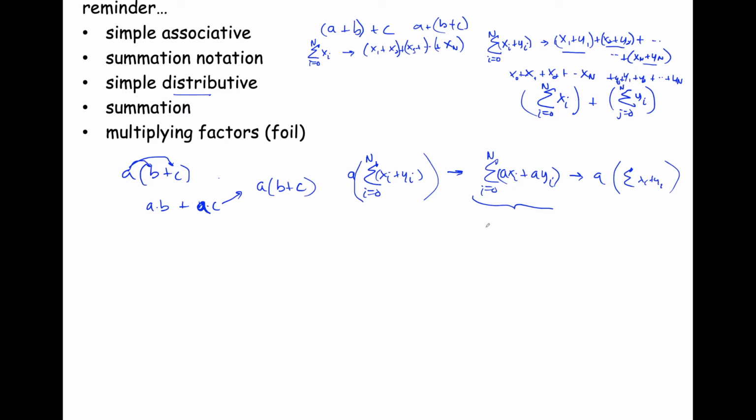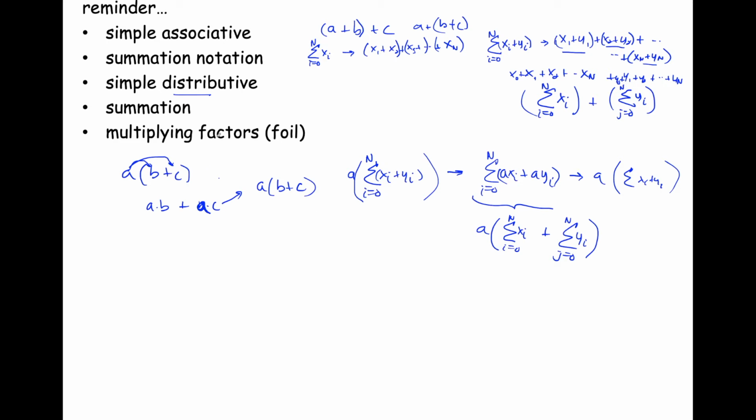So I can literally break this apart to say this result is just a times the summation i goes from 0 to n of x_i plus the summation j goes from 0 to n of y_i. All right, so this is the distributive rule with summation.